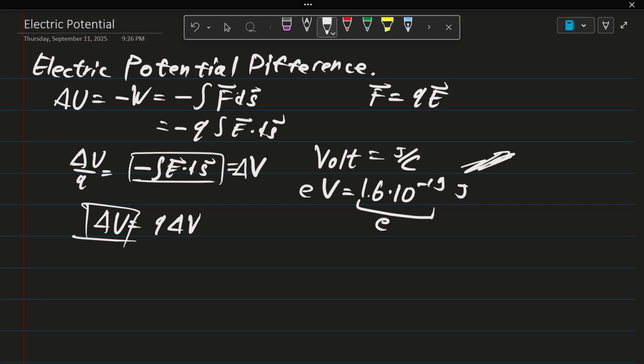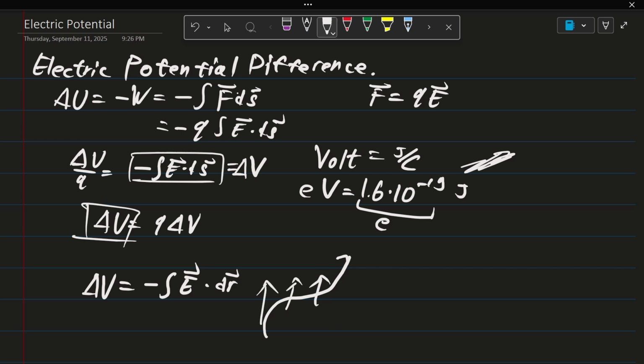So here is an interesting question for me to develop. If I have this delta V equal to the negative integral of E vector, and I would just call this dr vector, just for convenience, we do see that if you actually take a very weird path that is not always the same as the electric field, you could see that the value itself will be changing, including the angle itself, which might influence its cosine theta.